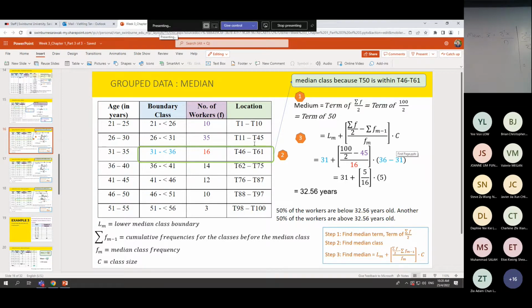Then how about the third class? The third class should start from term 46, because after 45 should be 46. Until which term? Until 45 plus 16, you'll get 61. Or you can use 16 plus 35 plus 10, which is equal to 61.